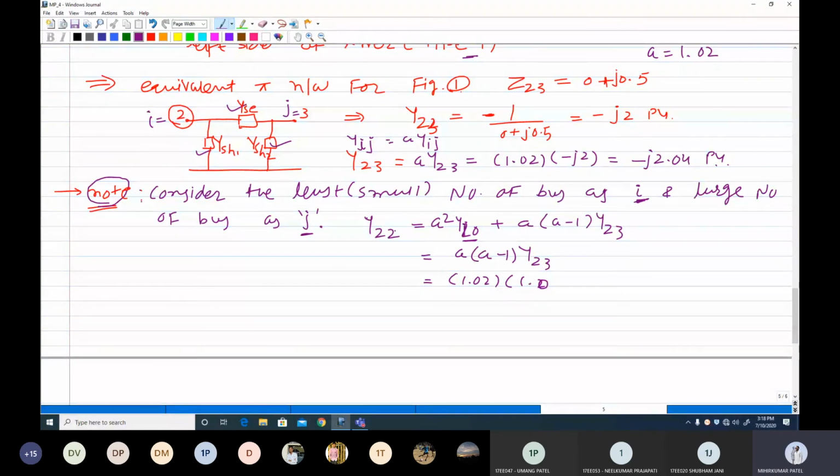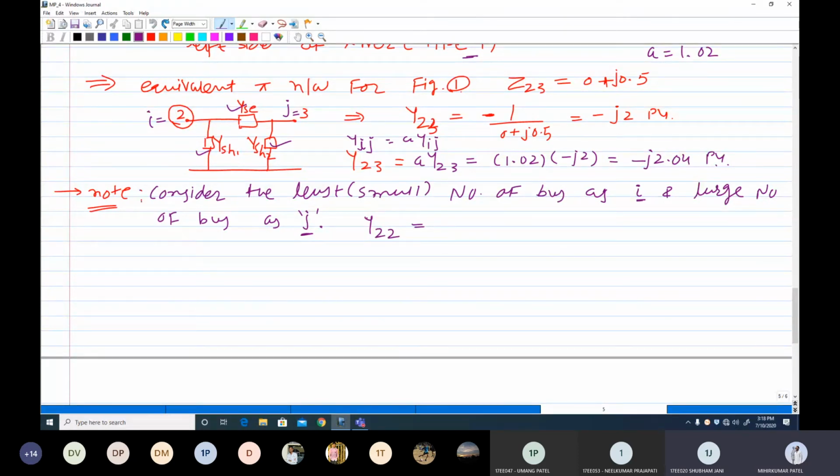It is for Y33. Yes sir, this is the equation for Y33. Okay, tell me for Y22 then. Y20 is 0, plus (1 minus A) into Y23.